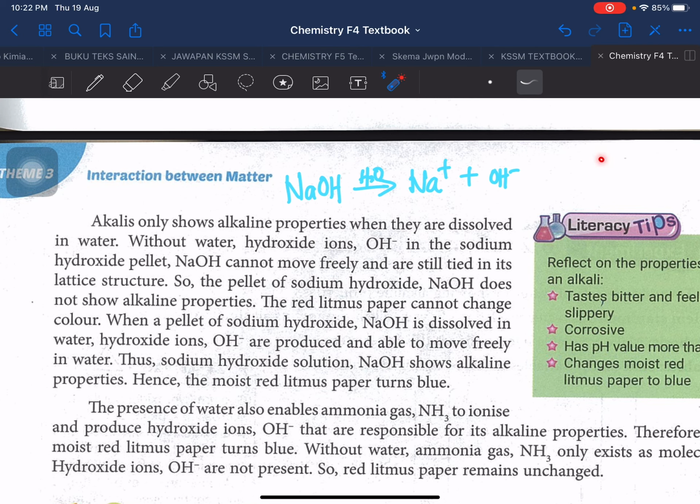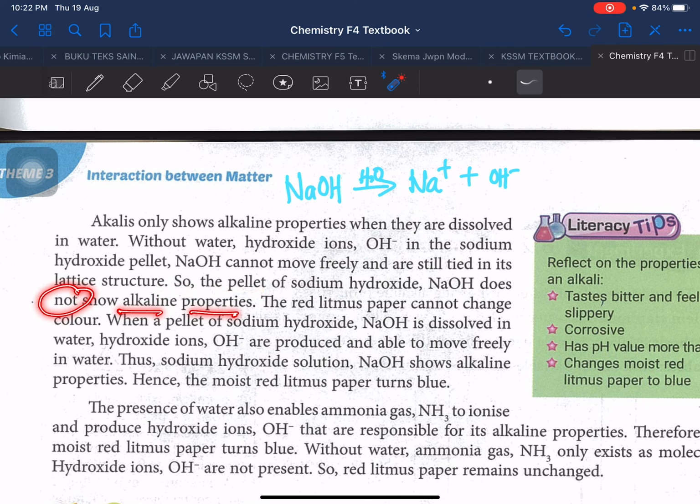A lattice structure is, for example, like this. It is still in solid state where all the atoms are held together by strong forces of attraction. So, the pellet of sodium hydroxide does not show alkaline properties.